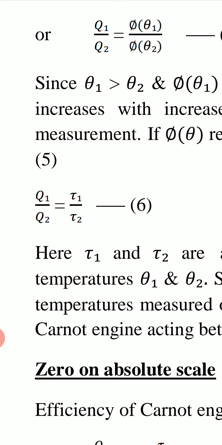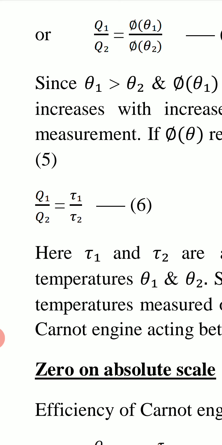These are the two temperatures on new scale. So we see that ratio of these two temperatures in new scale will be equal to ratio of these two heats, Q1 and Q2. Q1 is the heat extracted from source and Q2 is the heat rejected to sink.